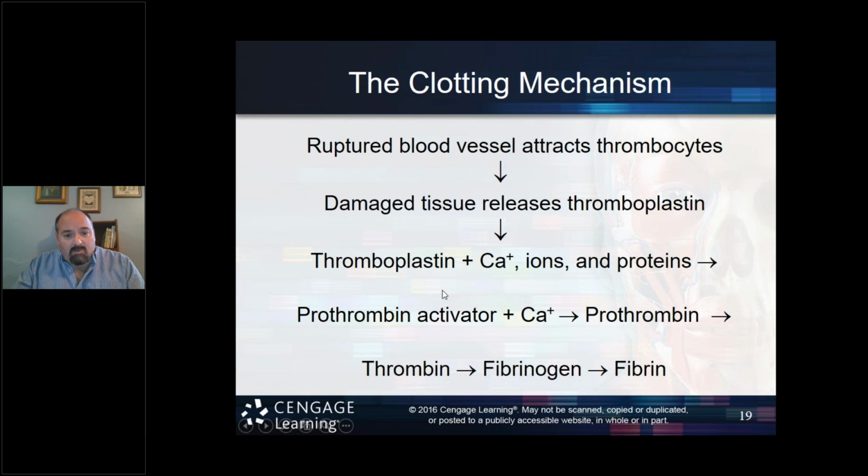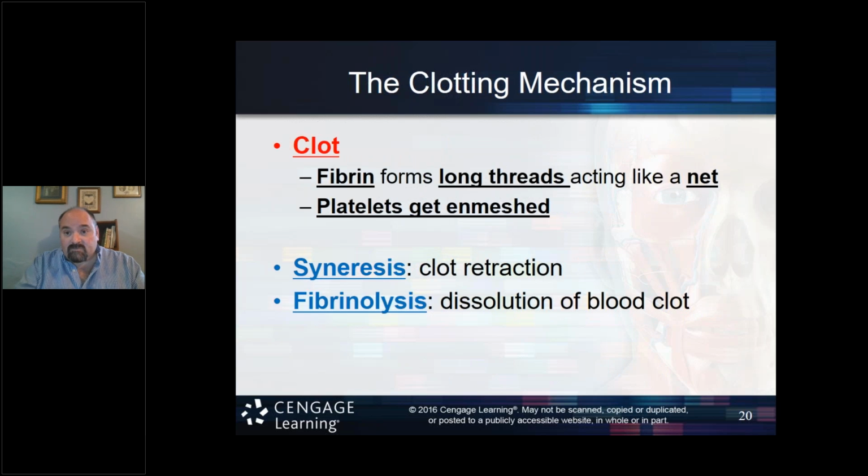And you'll see here that we have these certain proteins present. These proteins are all present, and they're going to lead to the intertwining of these different fibers with the platelets. And these platelets and fibers will all become part of that clot that helps to heal and close up the damaged tissue of the blood vessel.